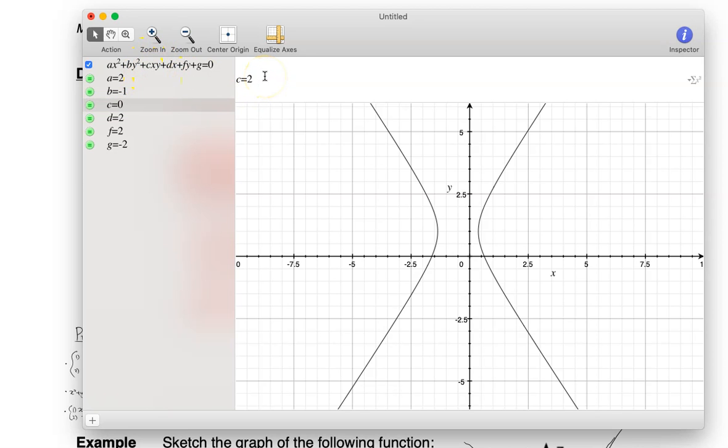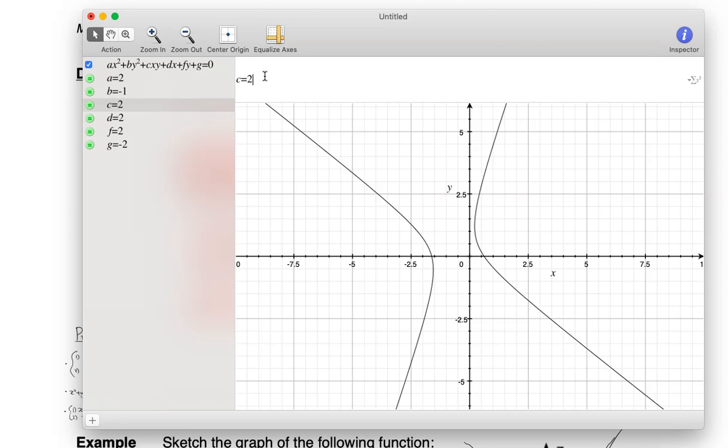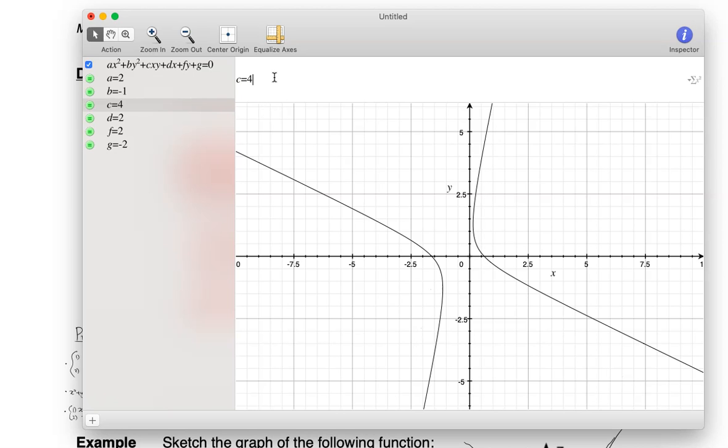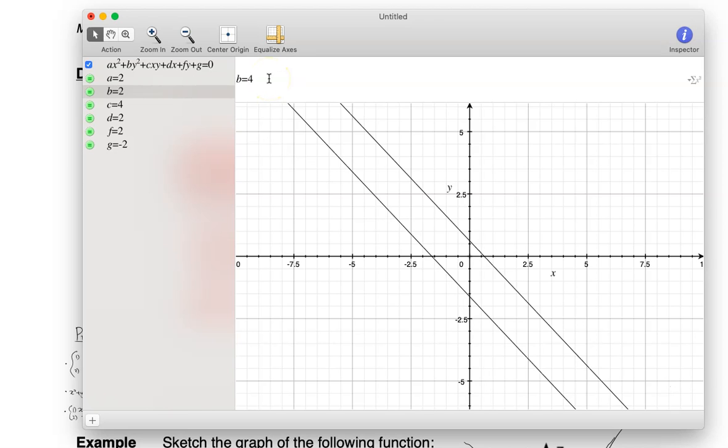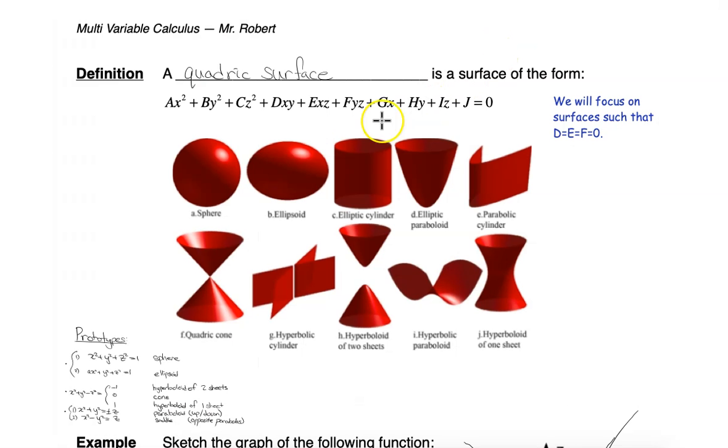If I change this to 2, for example, the effect doesn't change the type of graphs I may obtain, but it changes the angle. So here the hyperbola is slanted. If I change this back to 1 or maybe to 4, we would have an ellipse and it's slanted. So likewise, when we select D, E, and F equals 0 here, we are not removing any of the options of surfaces that might appear.